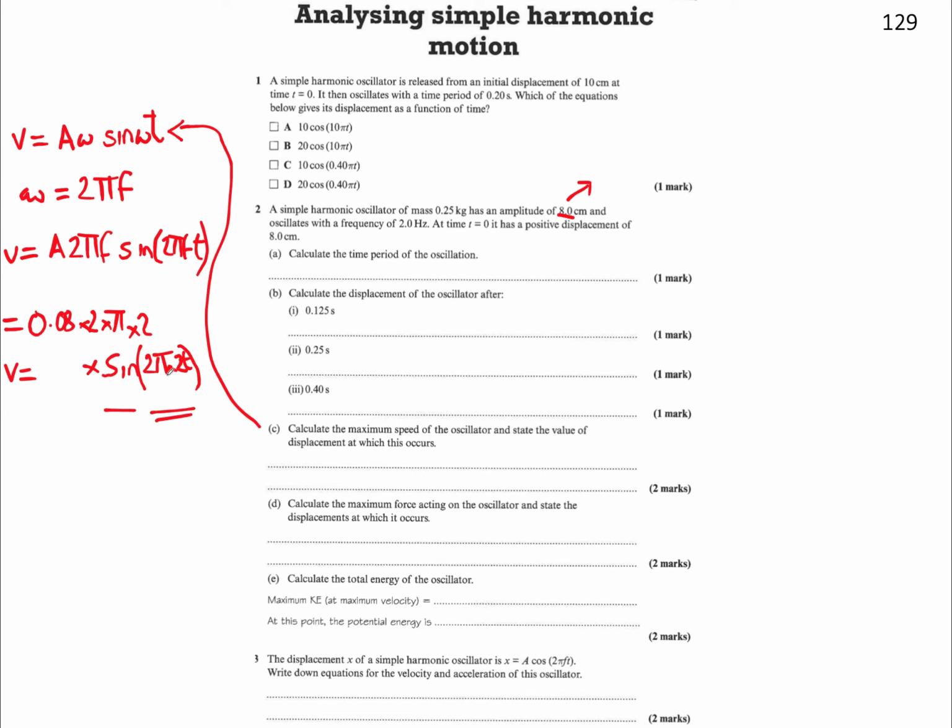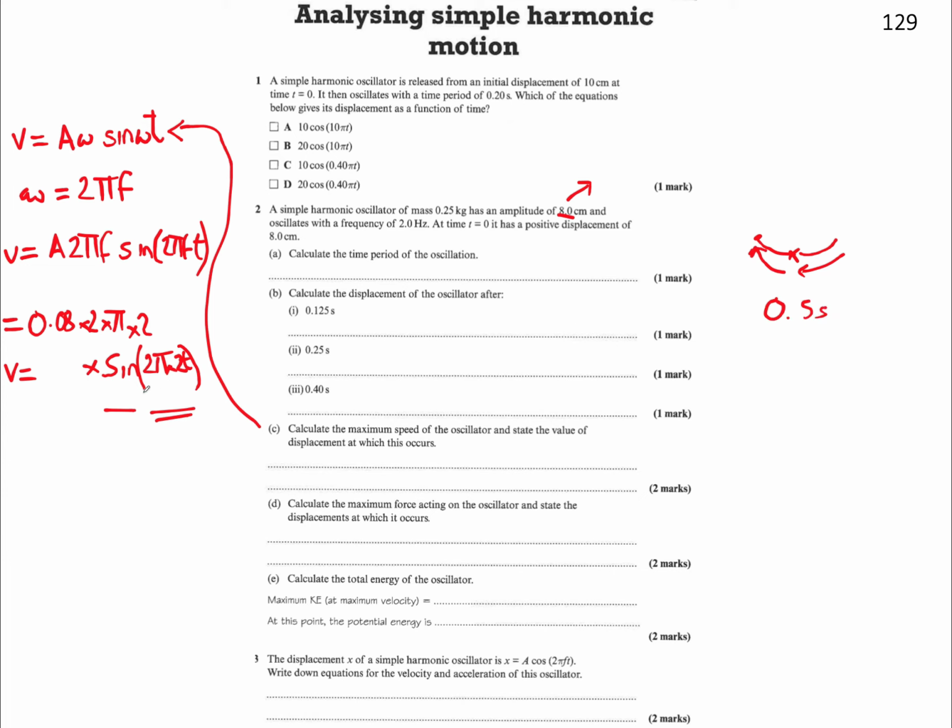So we don't even have to work this out. You could work it out because you've got 2 hertz up here, and you'd know that if it takes half a second to do a complete time period, it's going to take a quarter of a half, which is an eighth of a second, to get from here to the midpoint, which is where it's going to be going fastest. Okay, and it goes up to here, and back to here, and back to here, and that takes half a second.